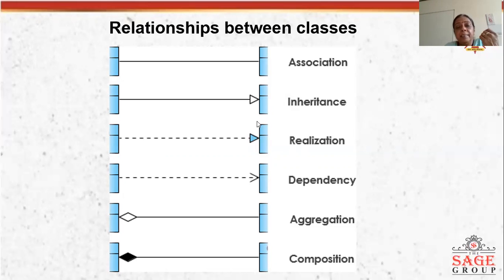Inheritance means you are inheriting one class from another class. Realization is also a type of inheritance. Dependency shows that this class is totally dependent on that one. Aggregation means a part-of relationship. Suppose car is a class, and we can say the wheels are part of the car.